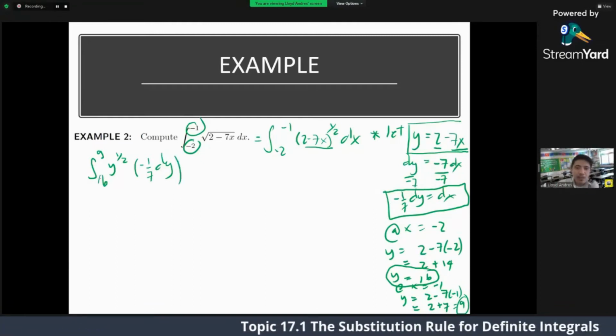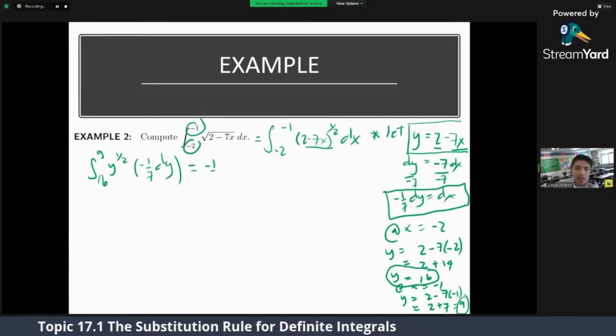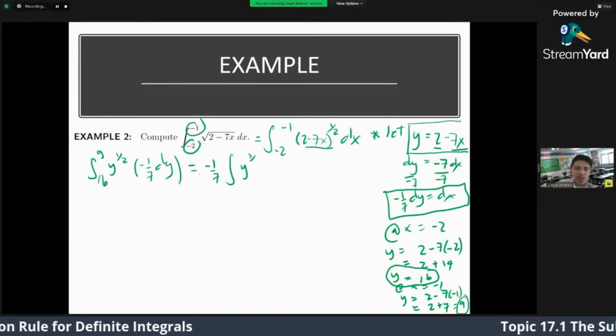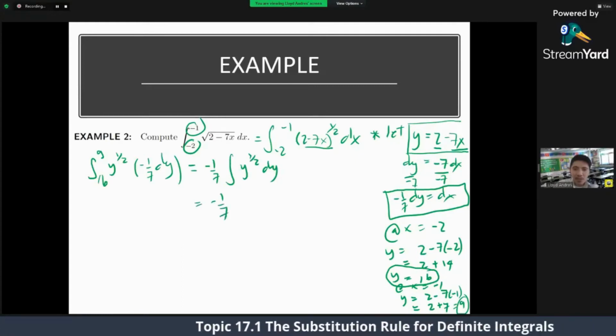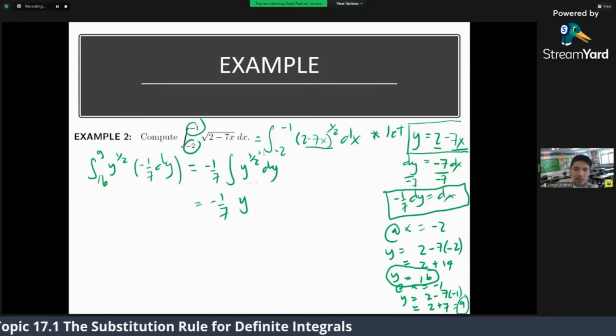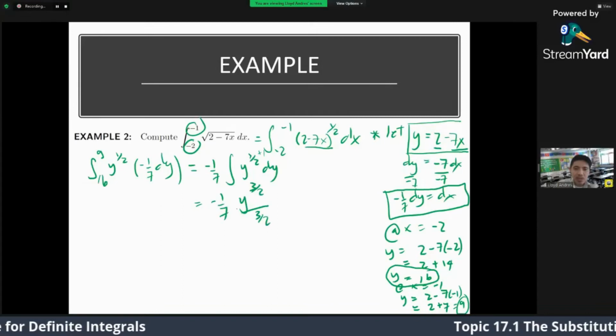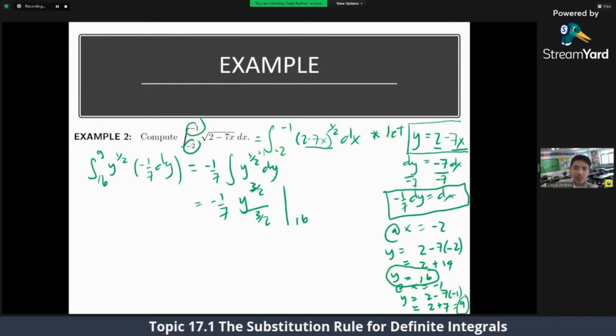And then, simplifying this, let's factor out negative 1 over 7. Integral of y raised to 1/2 dy. Then negative 1 over 7 times y raised to 1 half plus 1, which is 3 halves, over 3 halves, with limits from 16 to 9.